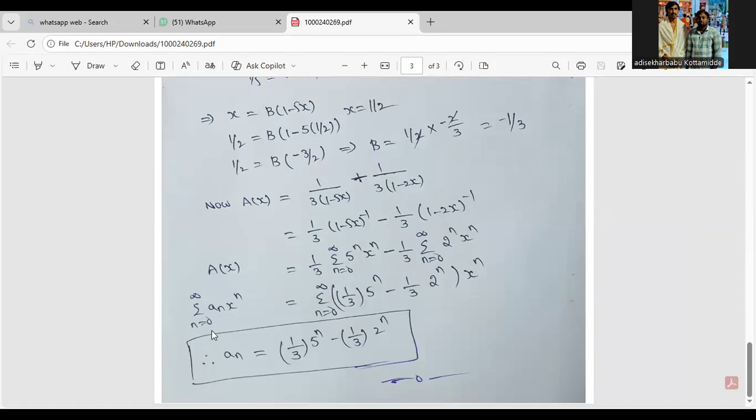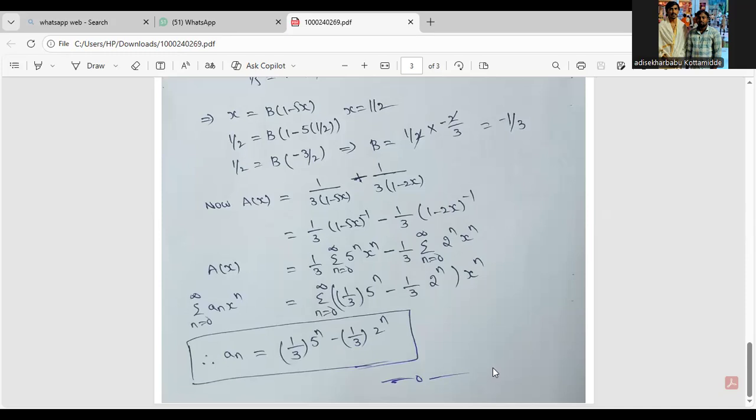That is A(x) = summation from n = 0 to infinity of a_n x^n, which equals the summation of 1/3 × 5^n - 1/3 × 2^n. Here x^n is common in both terms, so comparing the x^n coefficients, x^n cancels. a_n = 1/3 × 5^n - 1/3 × 2^n.